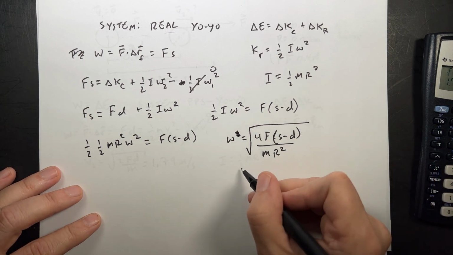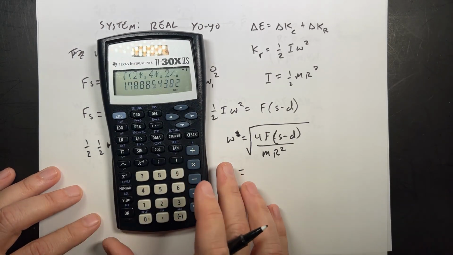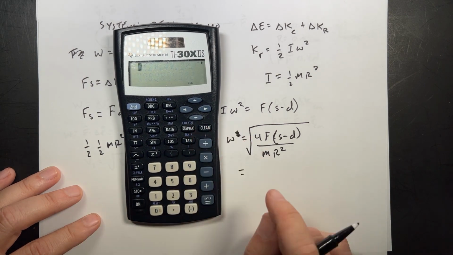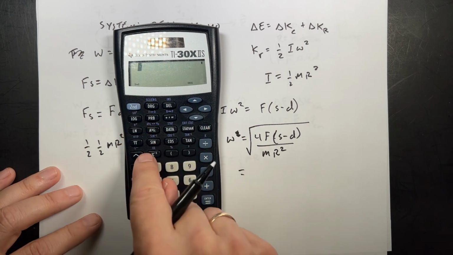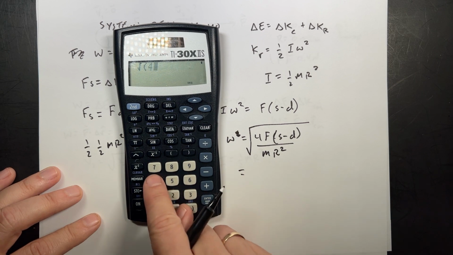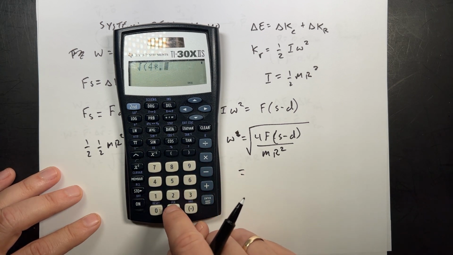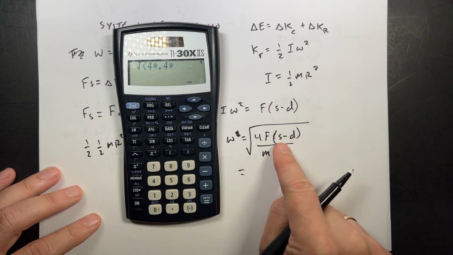Let's see if we can put this in the calculator. So if I remember my values correctly, clear. So I think I remember 4, square root, 4 times F was 0.4 times (s minus d) is 0.1, right? Because it's 0.2 and 0.3.